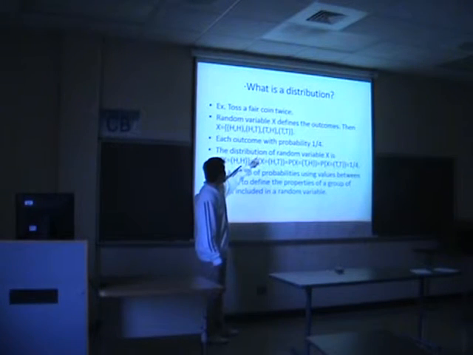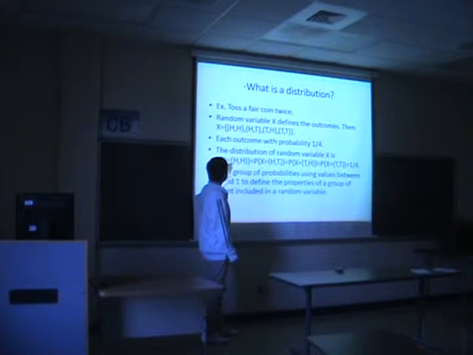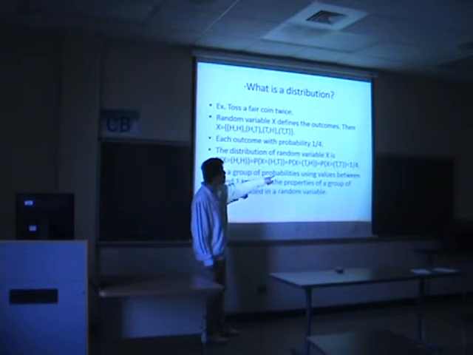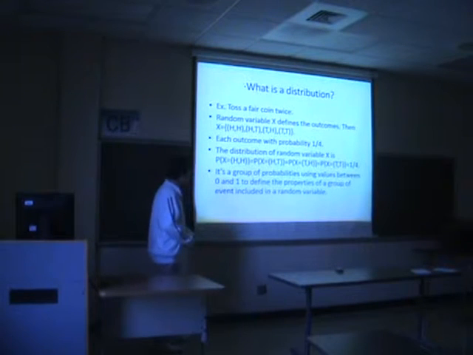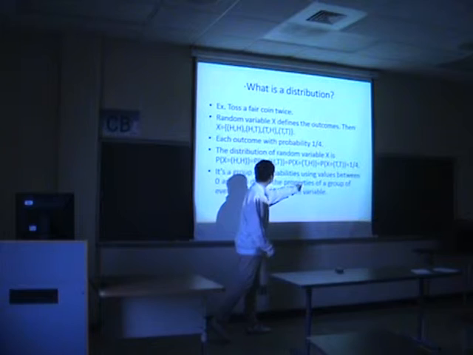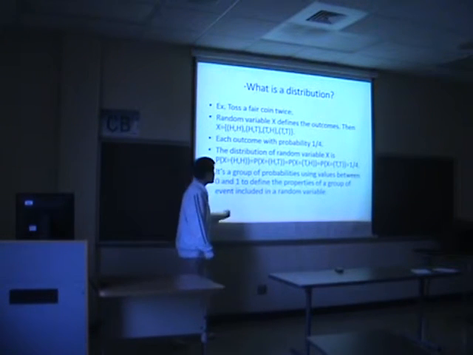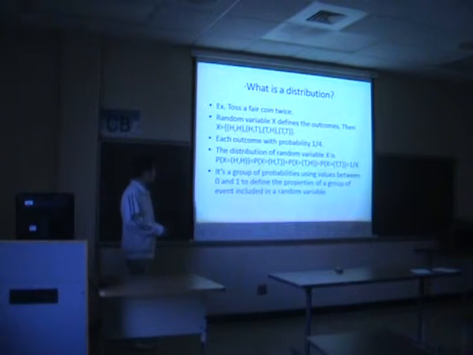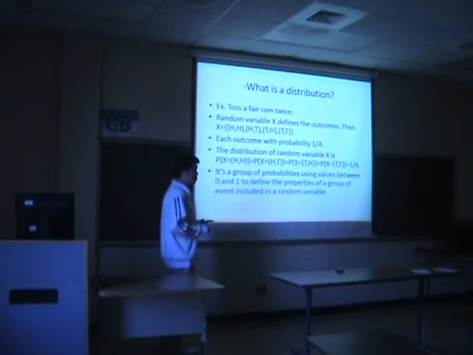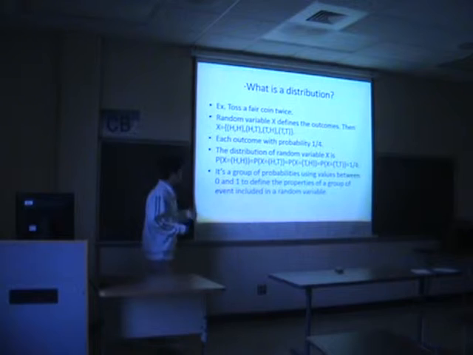That has 4 outcomes. For each event, the random variable has a probability, although in this example, they are all 1/4. Okay. So what is a distribution? It's a group of probabilities, using values between 0 and 1 to define the probability of a group of events. So if we want to define a distribution, first we should get a random variable, right? A random variable includes a group of events, and we can get the associated values.